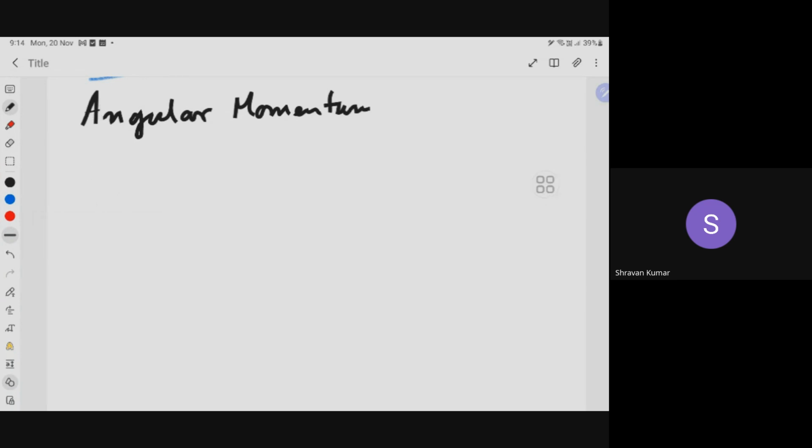So, what is angular momentum? If there is a body which is rotating, it would have a certain angular momentum with respect to a certain point. Is that clear? Given by the letter L.